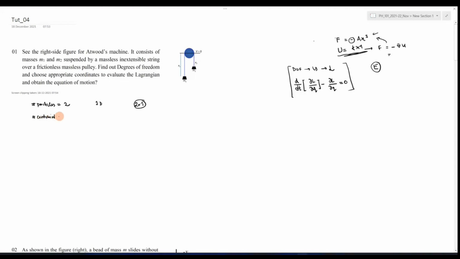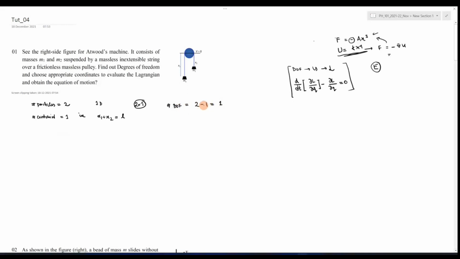The number of constraints is 1, which is that this length is fixed. That means x1 plus x2 is equal to a fixed length. So degrees of freedom will be the total number of coordinates required minus the number of constraints, which is 2 minus 1 equal to 1. So the degrees of freedom is 1.